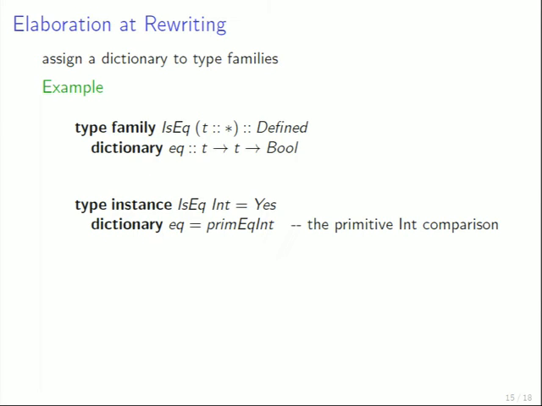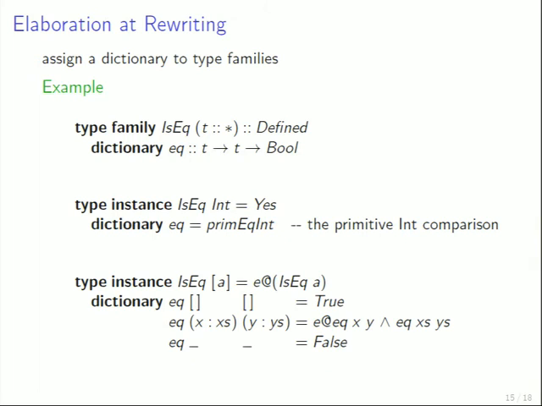So whenever we give an instance, for example for the integer, then we also give it an implementation of the dictionary. Here it's rather boring. For something more interesting, lists would have something like this, right? We want to say that we have an equality on list types whenever we have an equality on the element types, as IsEq.